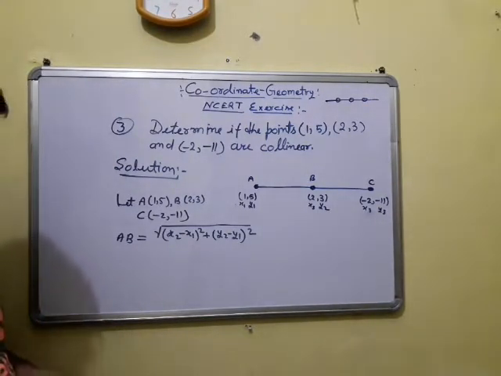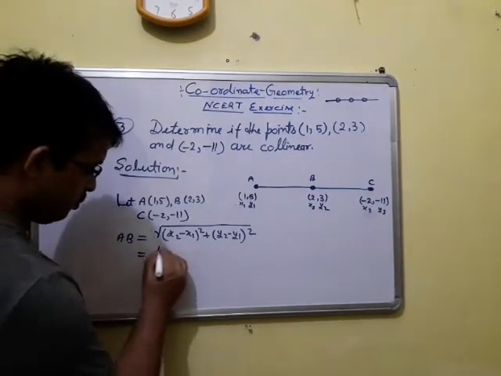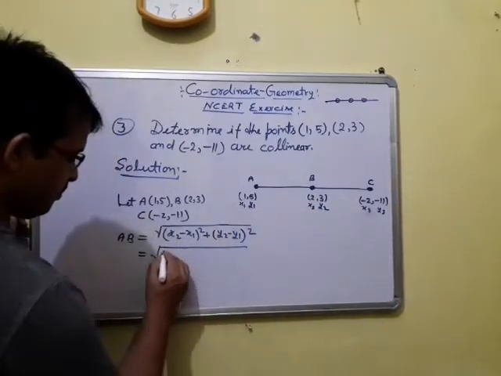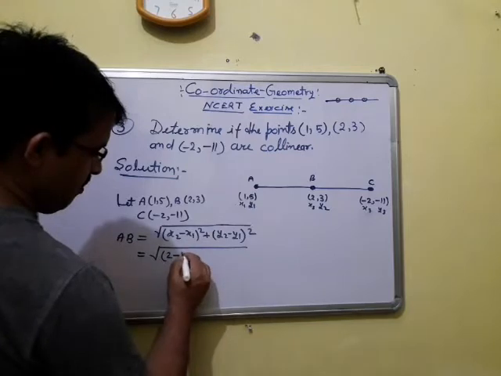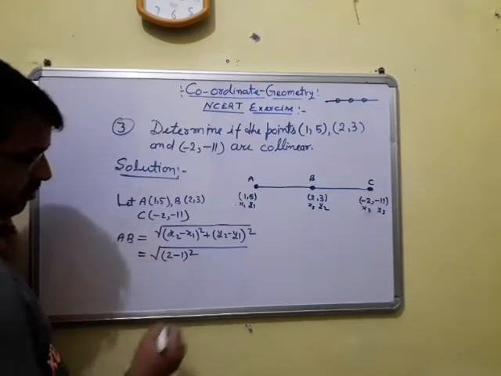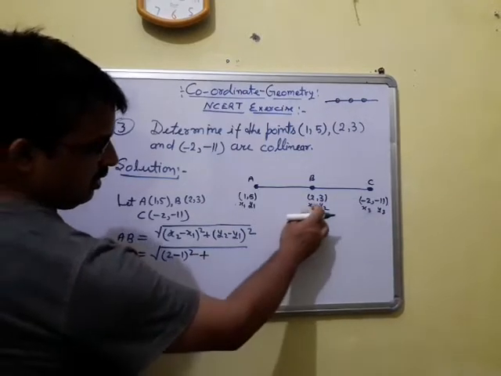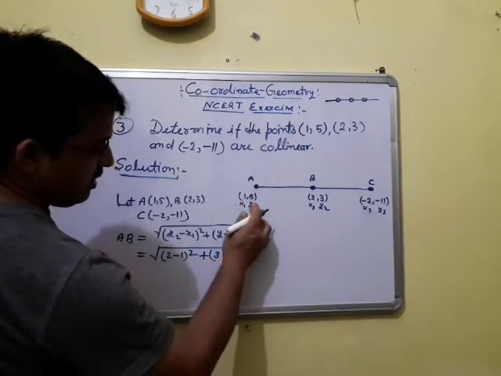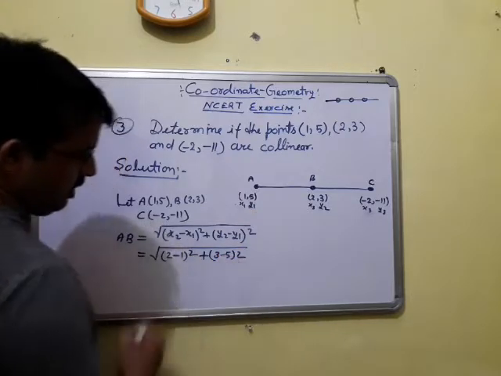Okay. Now here we find x2. So x2 is the value 2, and x1 is the value 1, whole square, plus y2 is given as 3, and y1 is given as minus 5, whole square.